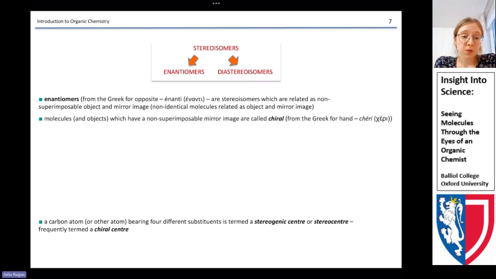What does it look like when it comes to organic molecules? Well, let's go back to our tetrahedral carbon structure. And let's say we've got hydrogen, fluorine, chlorine, and bromine attached to it. And let's say that we want to produce a mirror image.